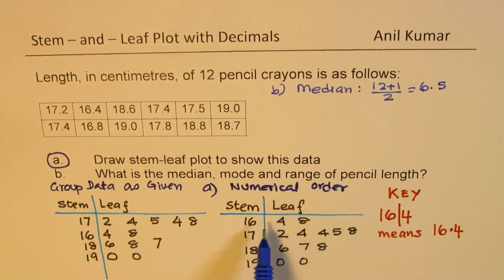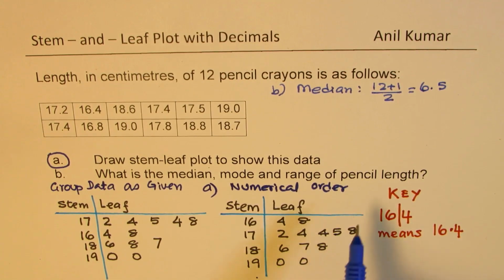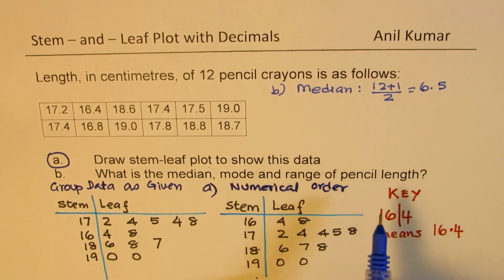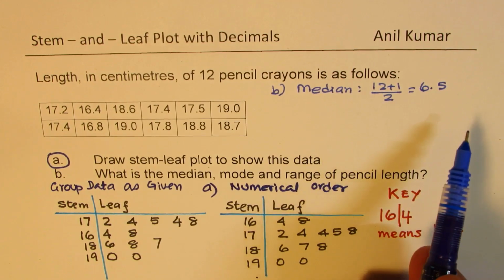So in this particular list, 1, 2, 3, 4, 5, 6 and 0.5 means what comes in between 6 and 7, right? So it is actually the element between 6 and 7.